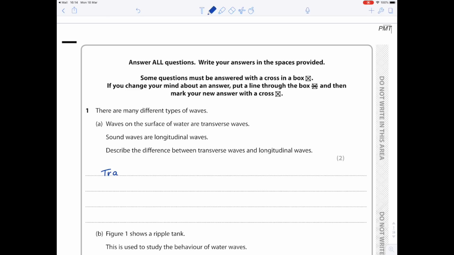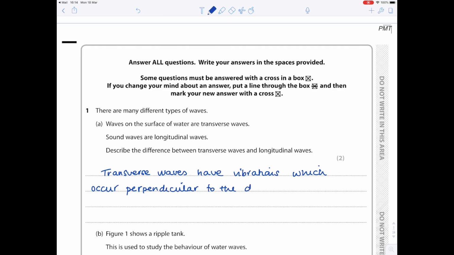So transverse waves have vibrations which occur, and this is the crucial word, perpendicular to the direction the wave is travelling in.